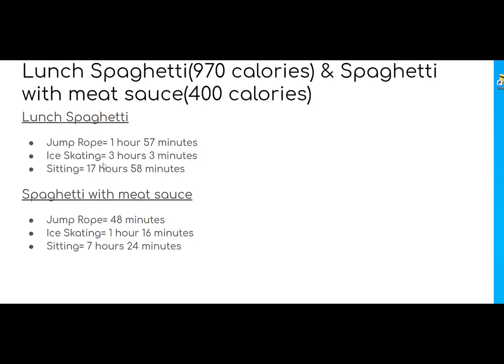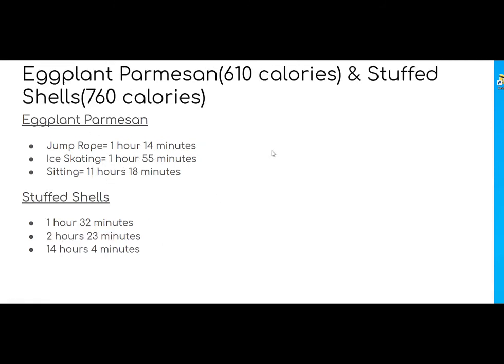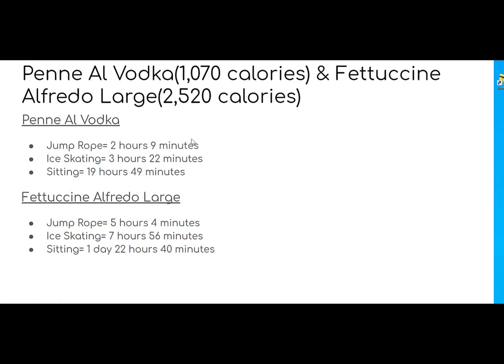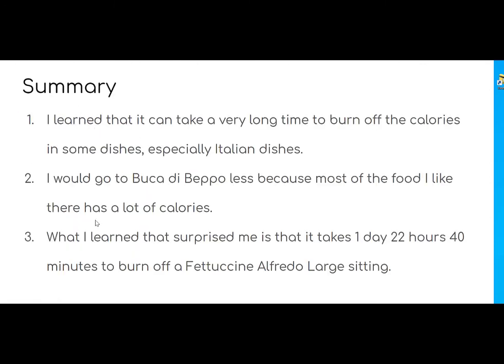So he's got lunch spaghetti and then spaghetti with meat sauce. He's got his eggplant and it shows 1 hour, 15 minutes, 1 hour, 55 minutes, 11 hours, and 18 minutes, and stuffed shells. So notice he's listing all of the items and the minutes, and then came down to answer his summary questions.